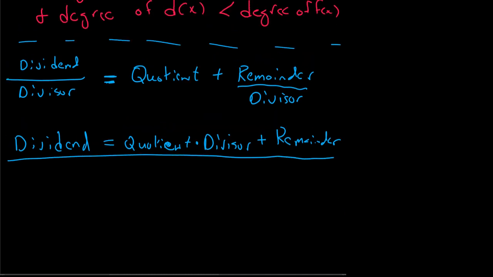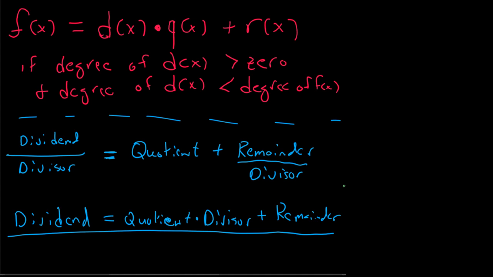And that's what this is saying. This is saying the divisor times the quotient plus the remainder. That's why they chose these names for the variables. These say the same things.